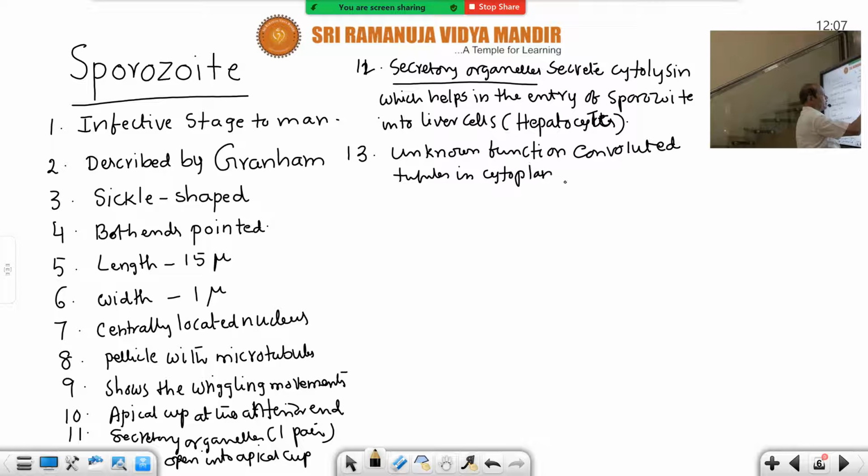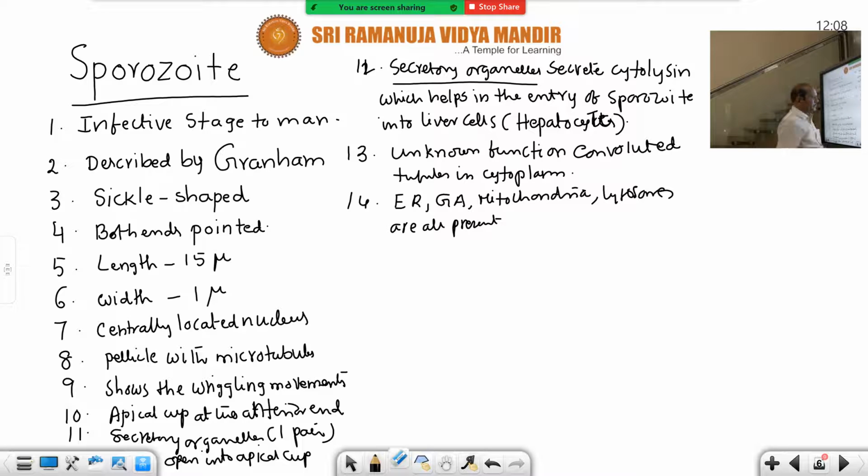All these structures you can see in the diagram. And ER, Golgi apparatus, mitochondria, lysosomes, ribosomes are all present in the sporozoite.